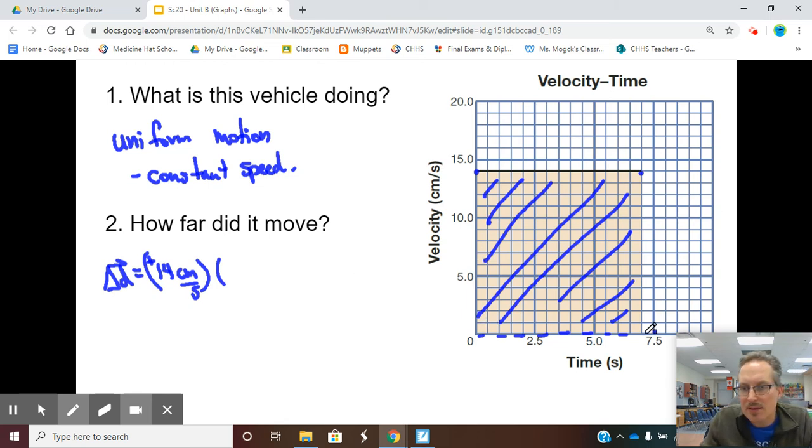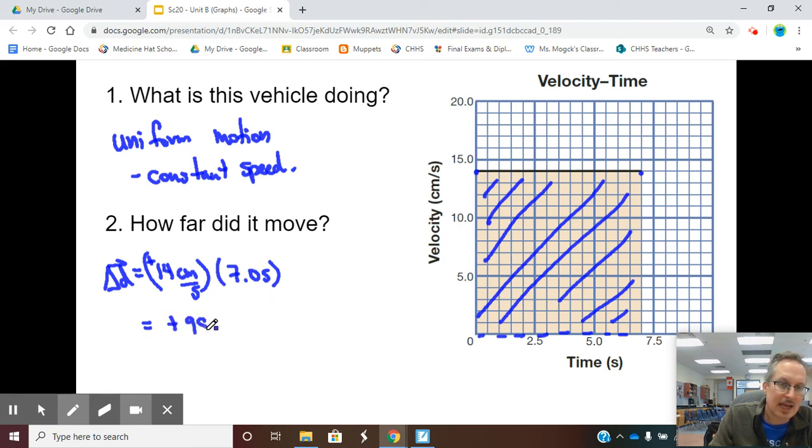And my width is 7.0 seconds. So my displacement is 14 times 7.0. And that's going to get me positive 98 centimeters. I know it's positive because it's above the 0.